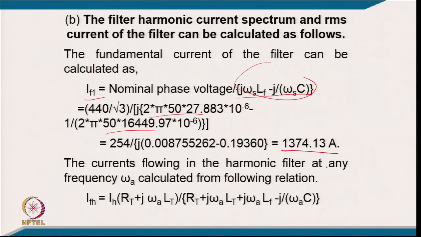The current flowing into the harmonic filter at any other frequency can be calculated from the total harmonic current going into the filter: this is your source impedance multiplied by the filter impedance divided by the total impedance, and that comes your harmonics in the filter.